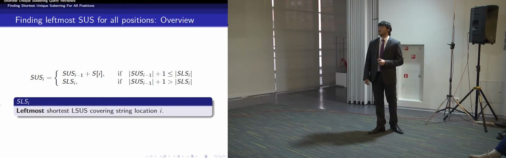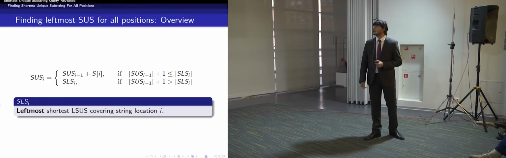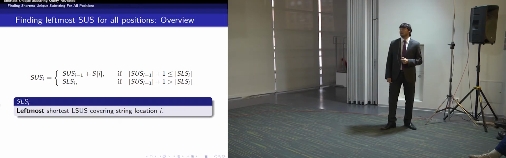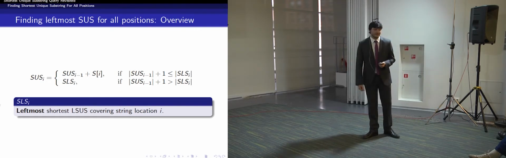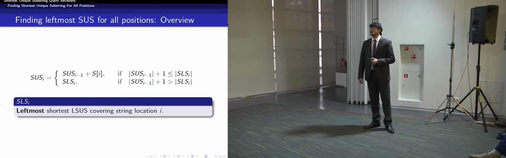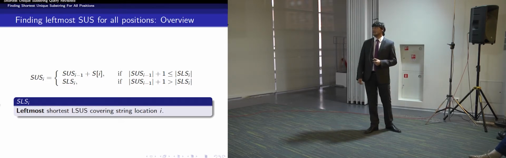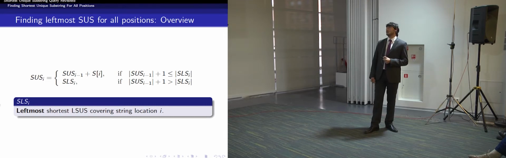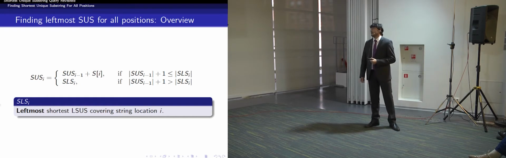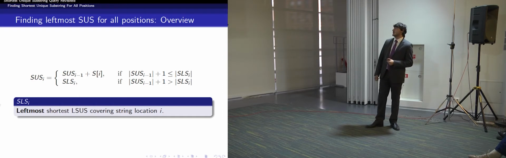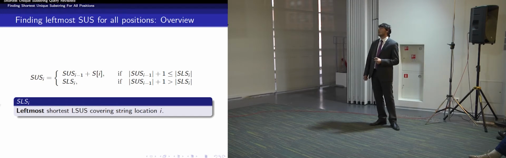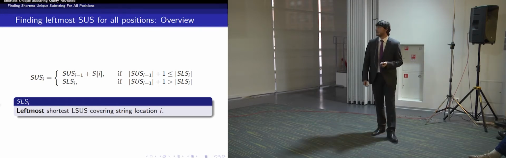We can take the shortest unique substring covering position i minus 1, and extend it by one character, which gives another unique substring also covering position i. It's a candidate. Also, the SLS i is a candidate. So the extension cases will be covered by this option, and the LSAS case itself is covered by this option. We are just comparing their lengths, taking the shortest one, and if there is an equality, because we are returning the leftmost, we will choose the extension, because it should be the leftmost one.